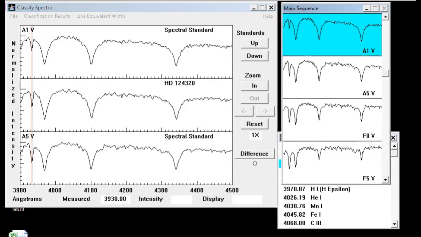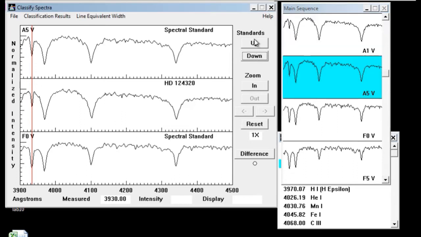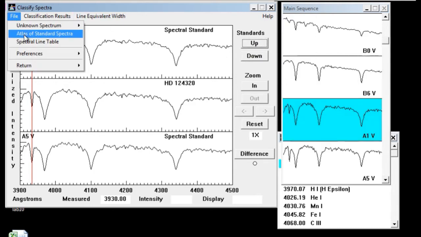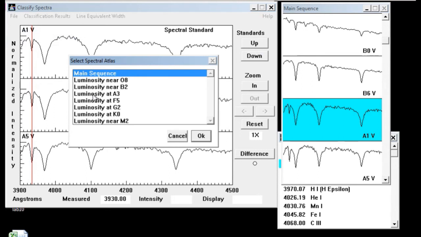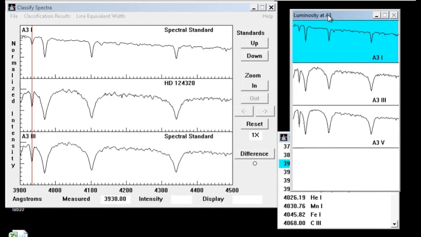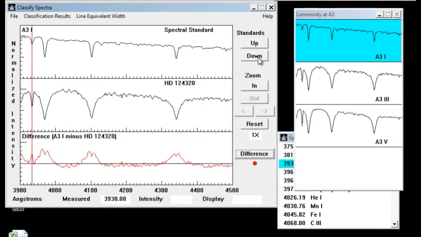All right, so if we were doing this and we wanted to get as accurate as possible, like I said before, this sample spectra seems to be very close to A1, but A5 also has some features that seem to fit a bit better. So what we would do then is go to a different list of spectra, find the luminosity we're closest to, so A3 is in the A class at least, and then from here find the one that fits the best.